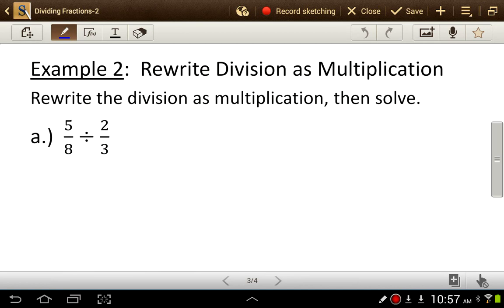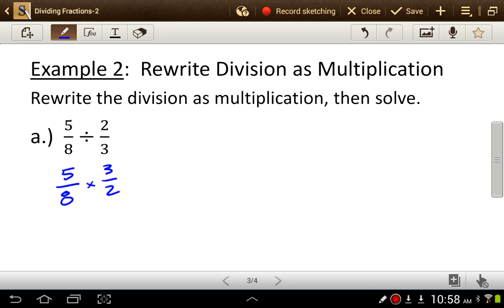Okay, in example 2, let's do some rewriting division as multiplication and then solving. In our first example, we have 5/8 divided by 2/3. The first thing I'm going to do is rewrite the division as multiplication. So I'm going to write this as 5/8 times, and then I'm going to take the reciprocal of the second number, 3/2.